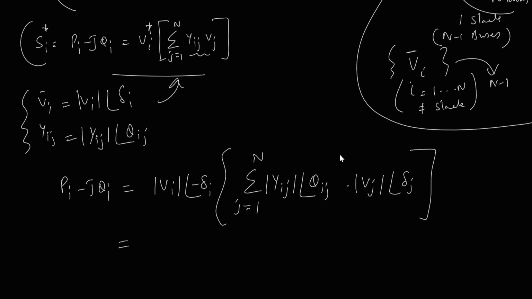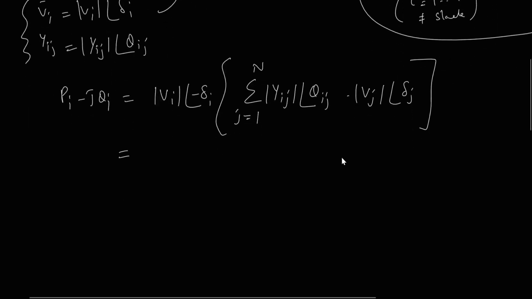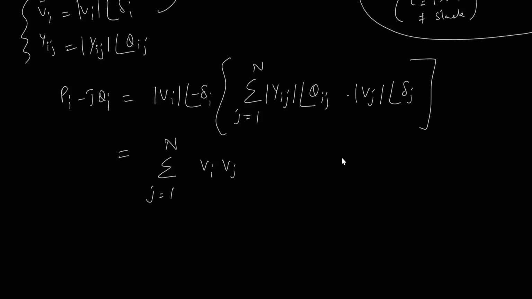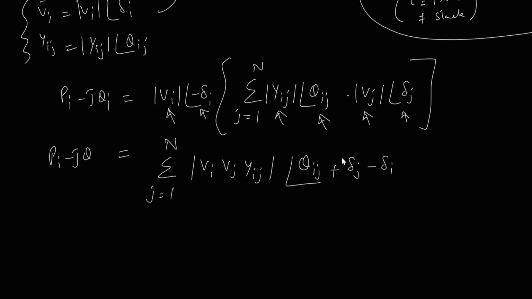If I multiply these, I will get the summation j equals 1 to n of Vi Vj Yij magnitude at an angle theta ij plus delta j minus delta i.